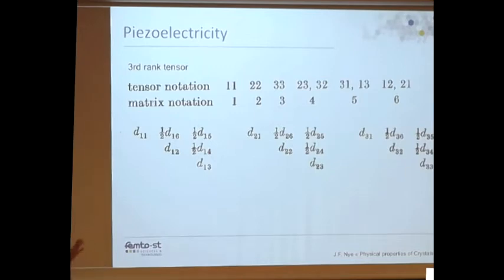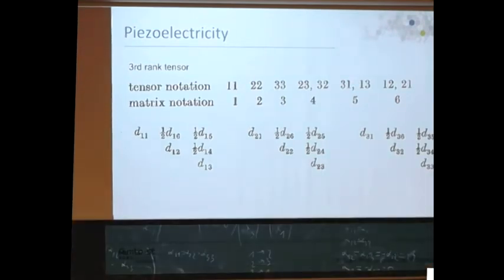To simplify writing, people proposed matrix notation. Instead of writing 2 numbers for stress and strain, like 1, 1, 2, 2, 3, 3, 2, 3, 3, 1, 1, 2, and so on, we replace them with 1 number from 1 to 6, because we have 6 independent constants.